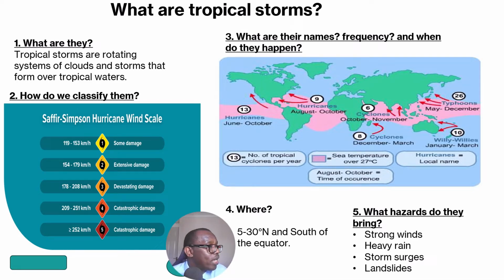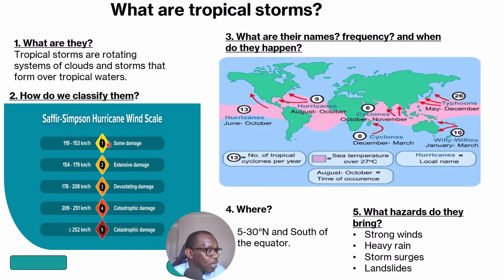Then how do we classify them? We use the Saffir-Simpson scale. As soon as the wind speeds reach at least 119 kilometers an hour, it becomes a tropical storm and can be categorized on the Saffir-Simpson scale.